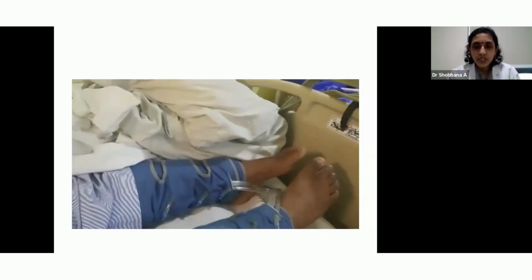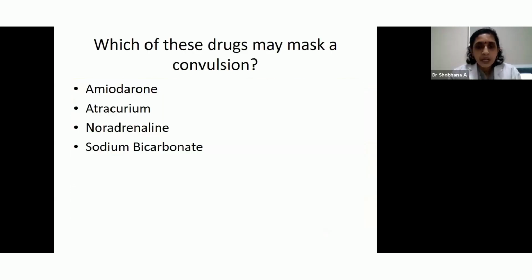This is actually not a seizure. It is a paroxysmal sympathetic hyperactivity, which often happens in diffuse axonal injuries. And in this case, this boy had encephalitis.